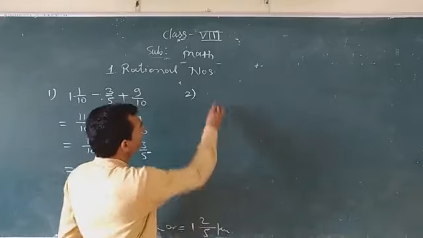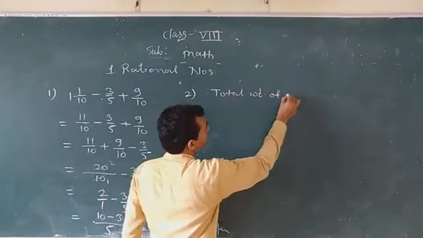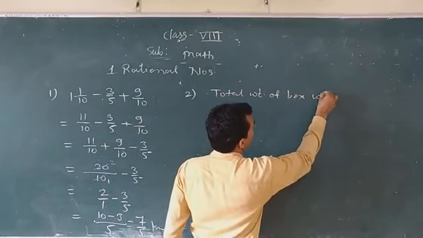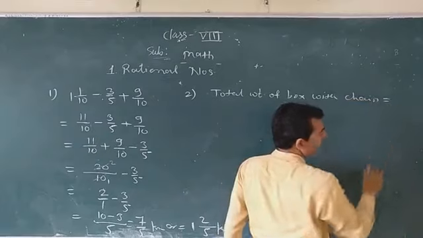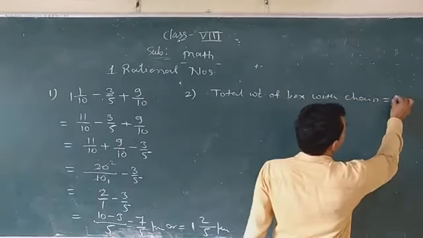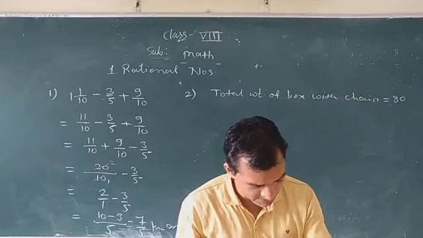Okay. Total weight of box with chain is equal to how many? 80 integer 1 by 6, it is given there.